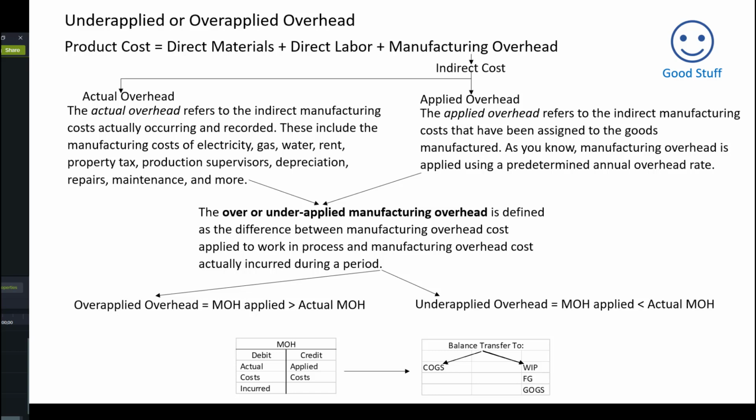At the end of the period, the balance in manufacturing overhead account is disposed of by either allocating it among work in process, finished goods inventory, and cost of goods sold accounts, or by transferring the entire amount to cost of goods sold. This video has demonstrated both methods.